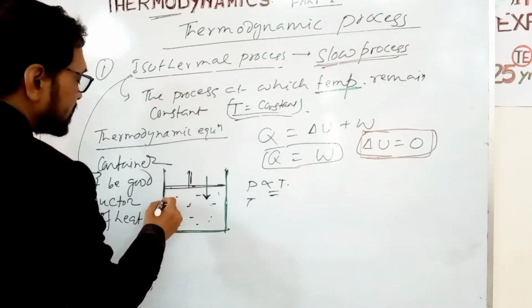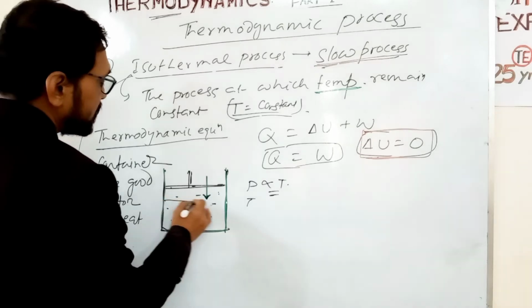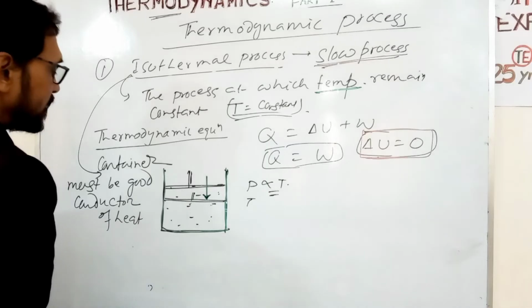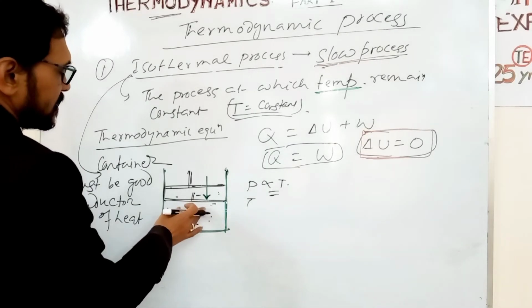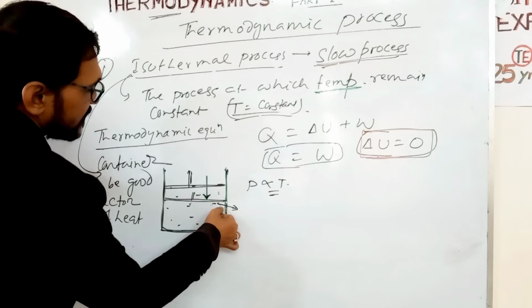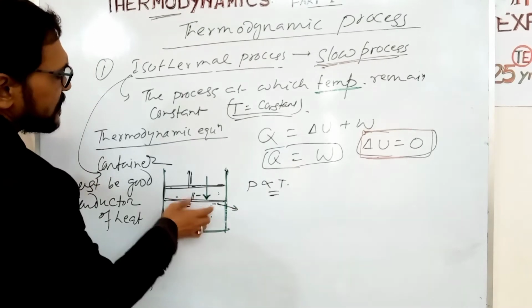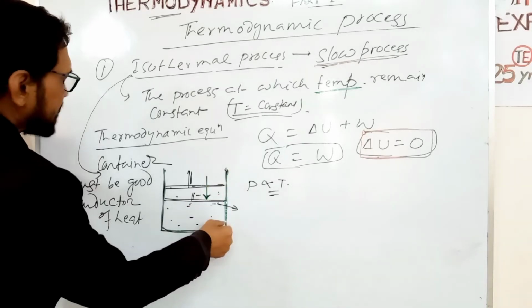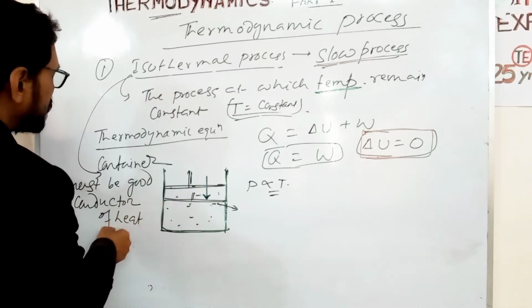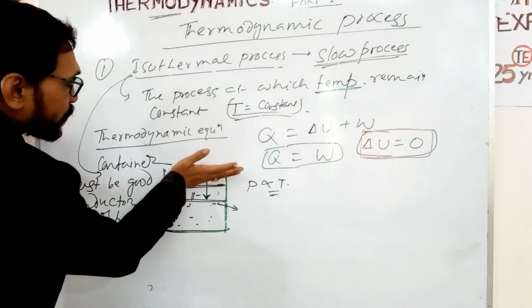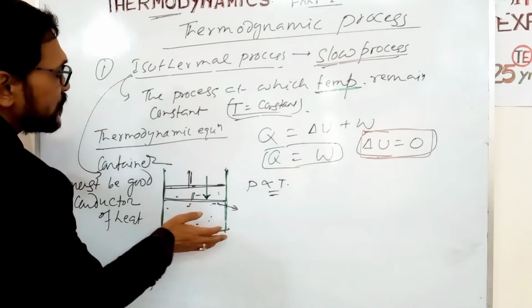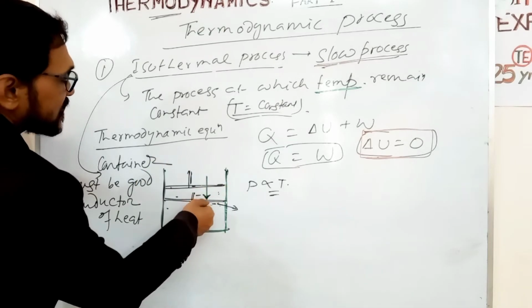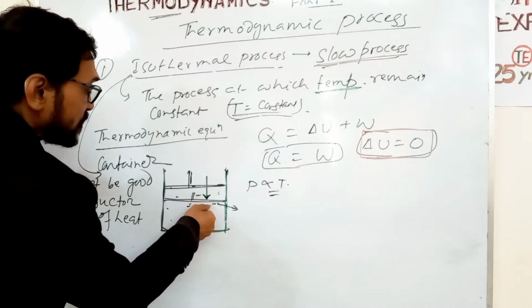So heat must be rejected from the system when we compress. To eject the heat, the container should be a good conductor of heat, and the process should be slow, because it takes some time to eject the heat.